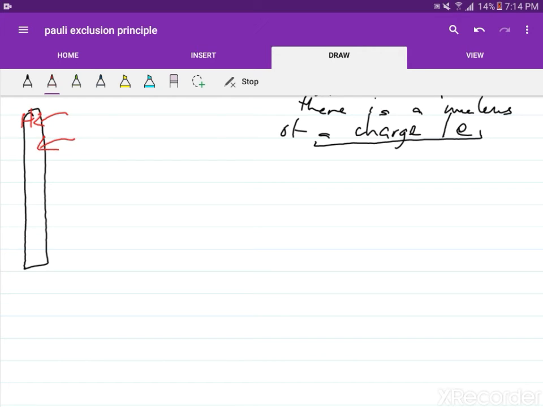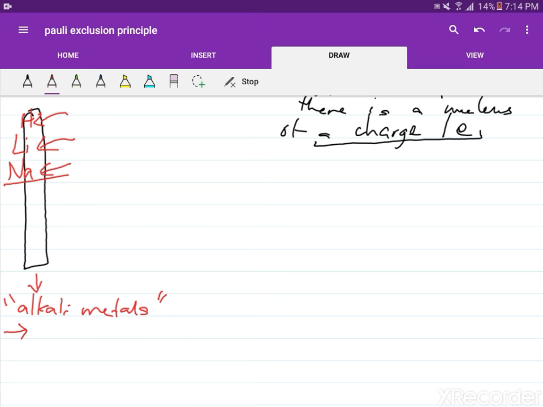The next in this column is lithium, and then sodium. Let's stop at sodium. This group is called the alkali metals.